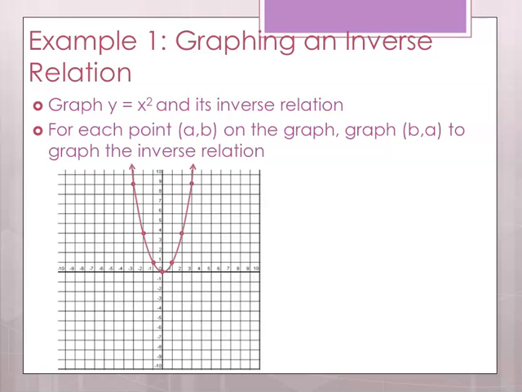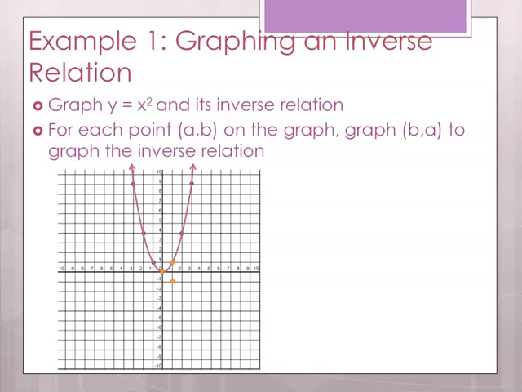So we know y equals x squared is simply a parabola. Now for the inverse, we're going to take each of those points and swap the values. Obviously 0, 0 will stay 0, 0. 1, 1 is still 1, 1. But now you take the point negative 1, 1 and swap it, it becomes 1, negative 1.